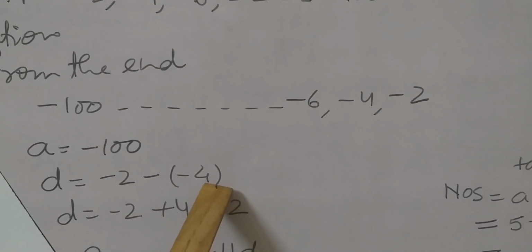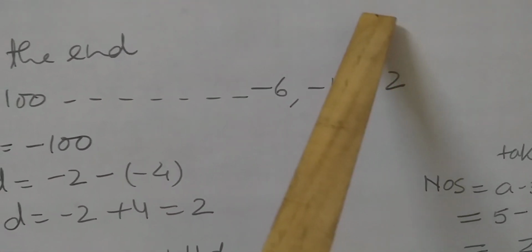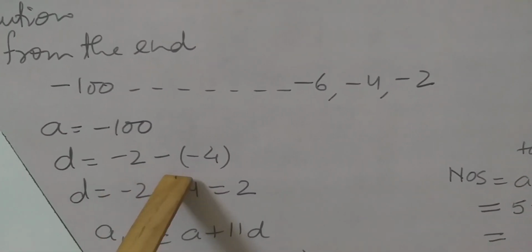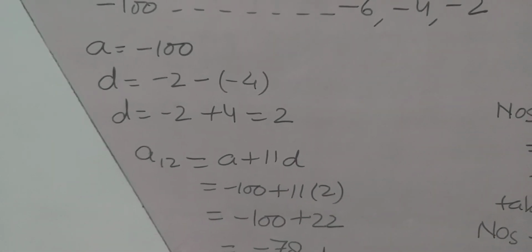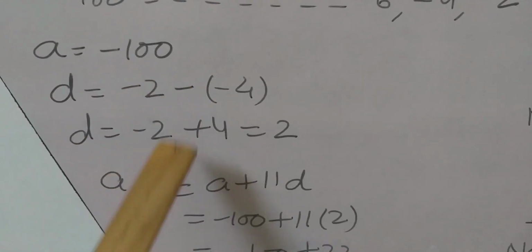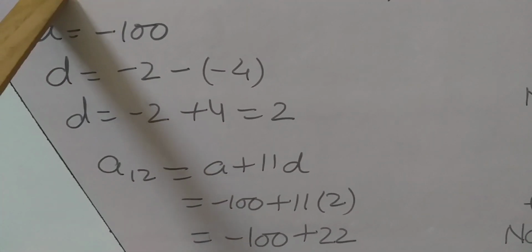Remember, students, from the succeeding terms we have to subtract the preceding terms. That's why minus 2 minus minus 4. So minus 2 plus 4 equals 2. So we have got here A minus 100, D 2. Now we have to find out the 12th term.